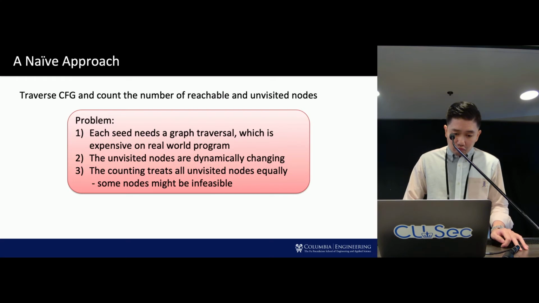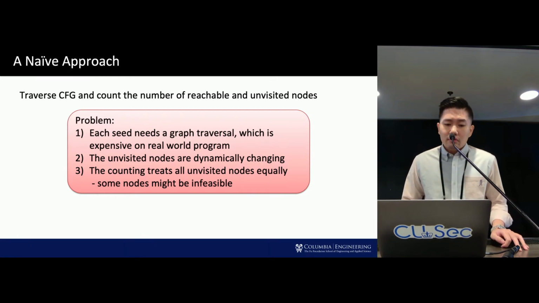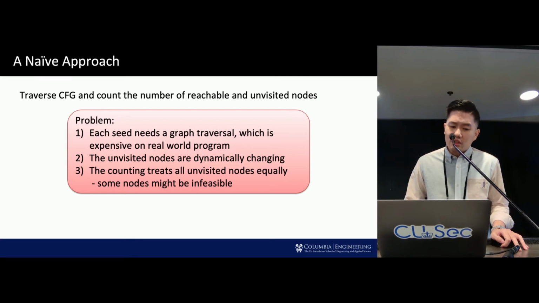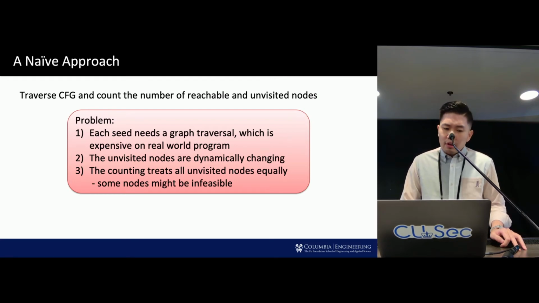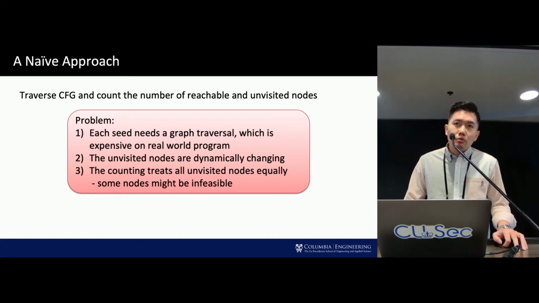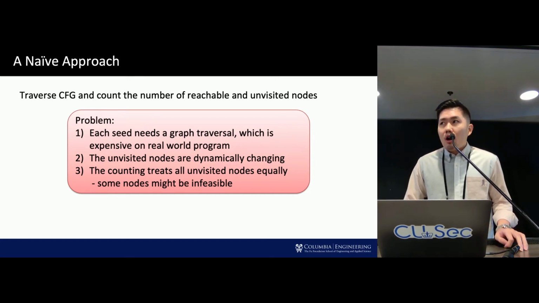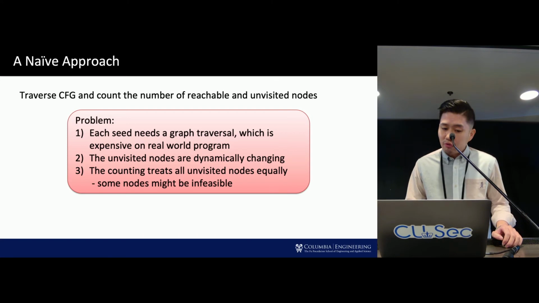Second, the unvisited nodes are dynamically changing during a fuzzing campaign. Hence, we cannot cache the intermediate results to reduce the expensive runtime overhead. And third, the counting treats all unvisited nodes equally. But in practice, some nodes might be guarded by super complex or super hard or even infeasible path constraints, which make it almost impossible for the fuzzer to flip or reach.